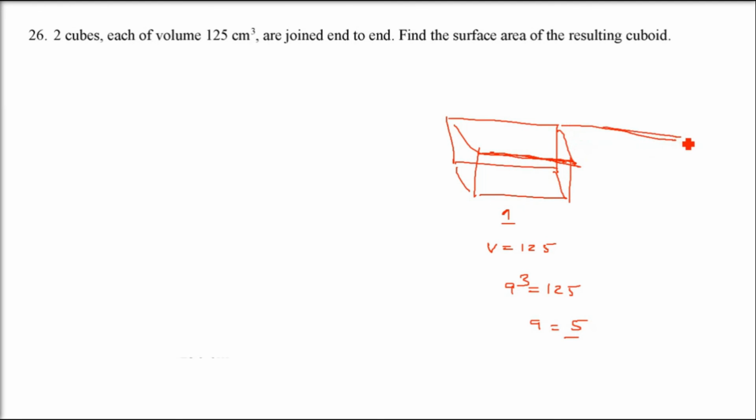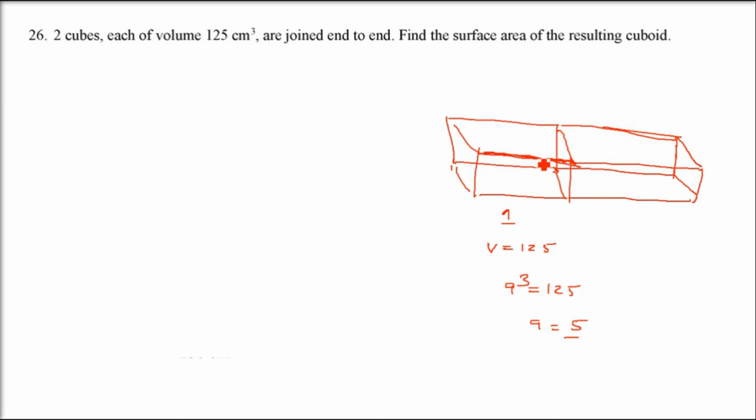Now we added one more cube sidewise, and when we added this cube, a combined cuboid is formed. A cuboid does not have the property of a cube, that length, breadth and height are all equal. So we have to find the surface area of the resulting cuboid.